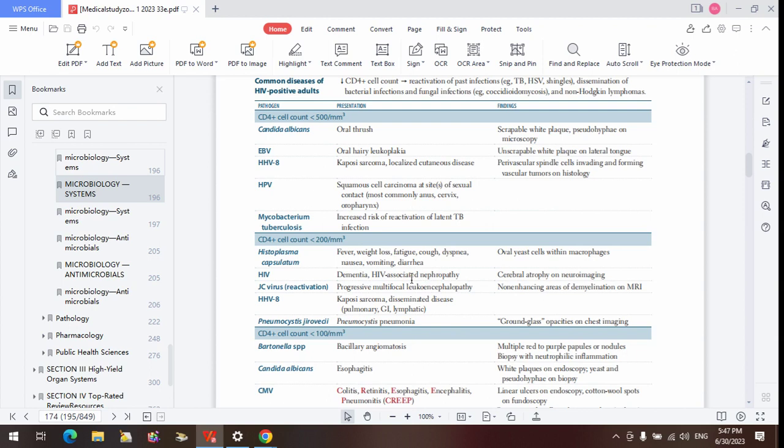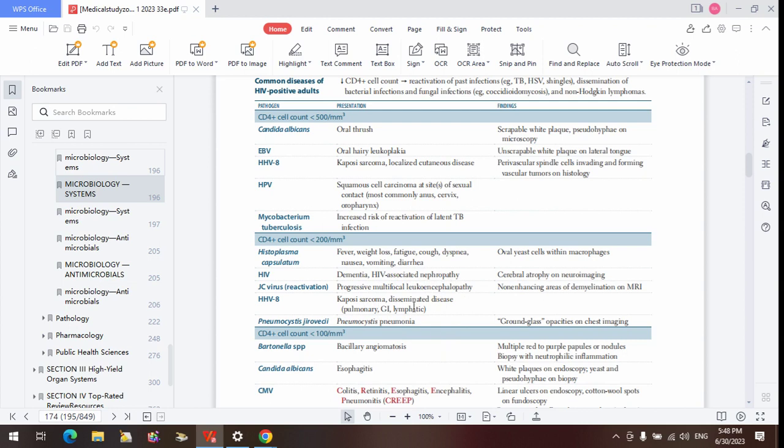So which one are you saying, Ivan? HIV-AN, HIV-associated nephropathy. Yes, HIV-AN.